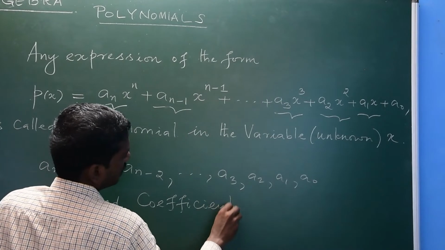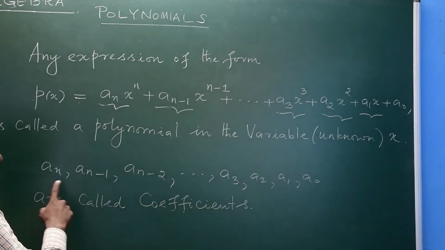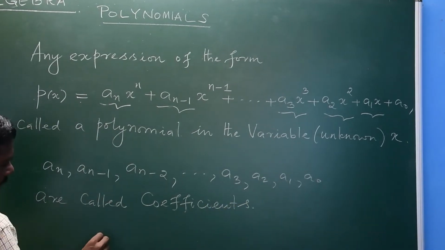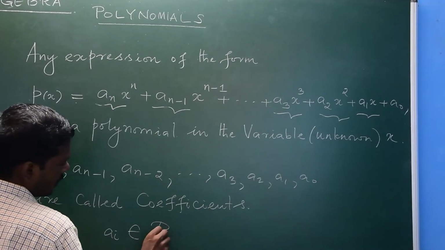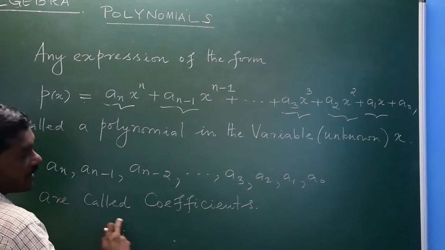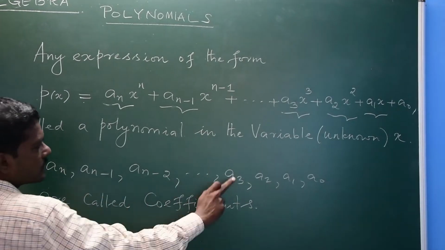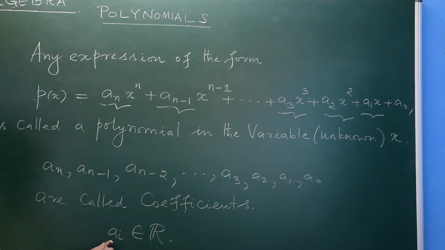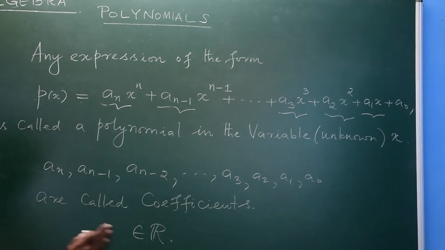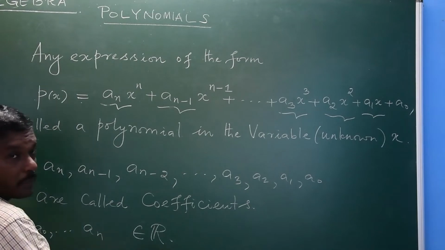These coefficients can be real numbers. a1, a2, a3, all of them, a0 and so on up to a_n, they are all real numbers.